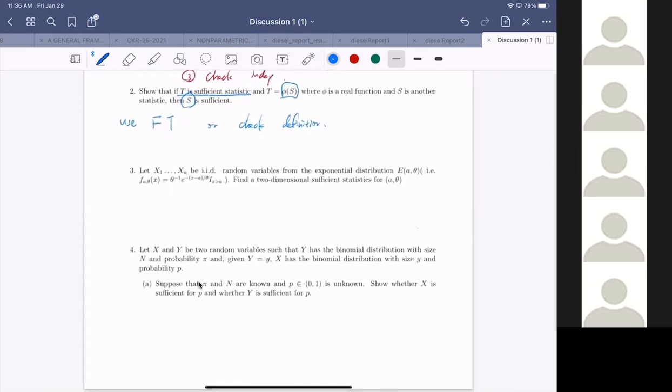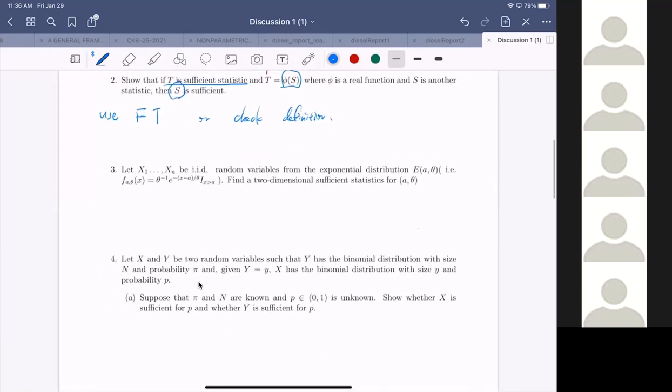Question 3: we have S1 to Sn, with an exponential distribution. Here is the density, and we want to find a sufficient statistic. The best way is also to use the factorization theorem.